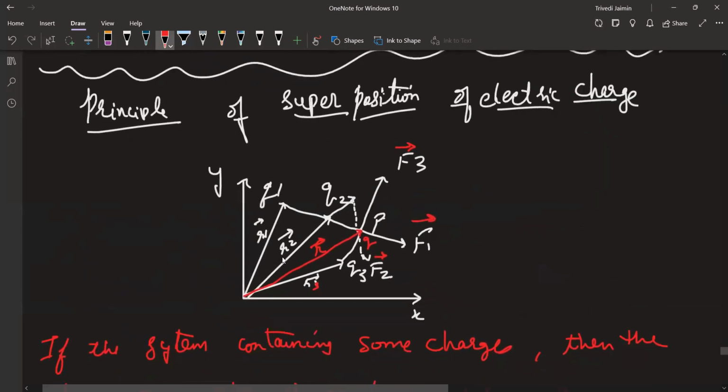Principle of superposition. What is the principle of superposition? Jafar?